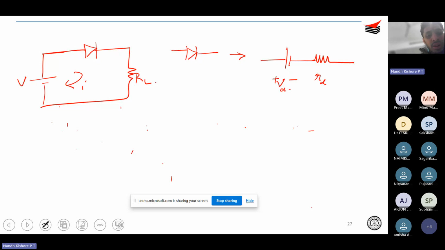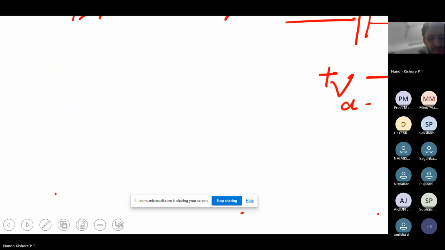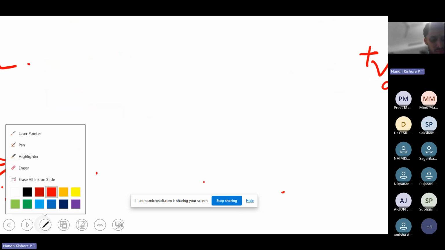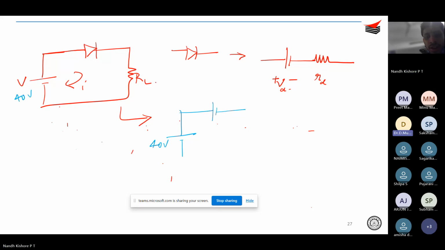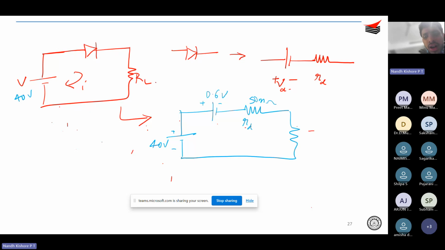Okay, therefore this circuit can be modified as voltage, then so this is your 40 volts over here, 40 volts, and this is your VD of 0.6 volts. Okay, and then you have RD 50 milliohm, and then you have RL, that is 20 ohms.